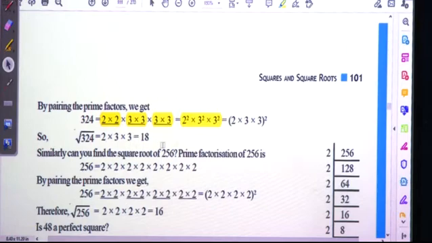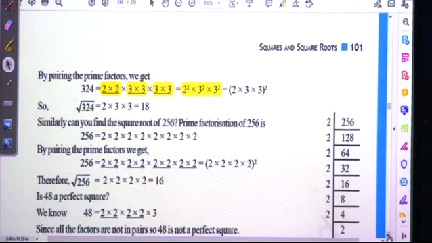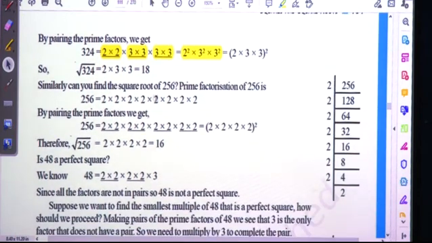What is the square root of 324? It is 18. Similarly, can you find the square root of 256? Prime factorization of 256, here you can see, by 2. 2 1s are 2, 2 2s are 4, 1 remaining, it becomes 16, 2 8s are 16.